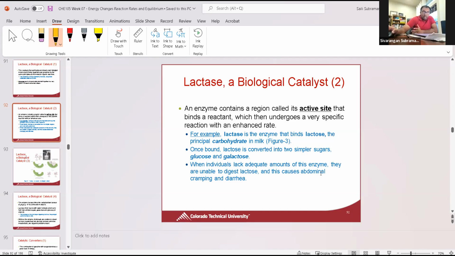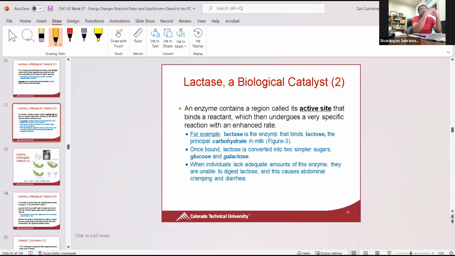Someone with lactose intolerance is not able to produce the enzyme, the protein used as the catalyst to enable the reaction that converts lactose to glucose and galactose. Glucose and galactose are simpler molecules, and most people can process them in their bodies without a problem.